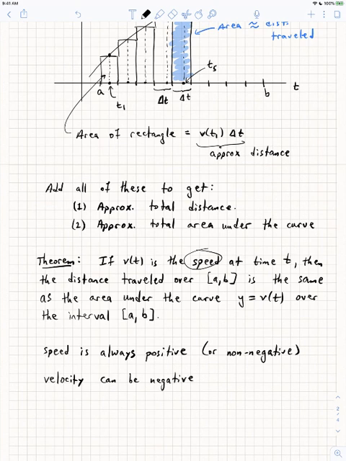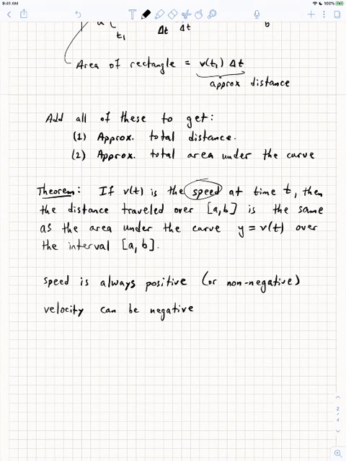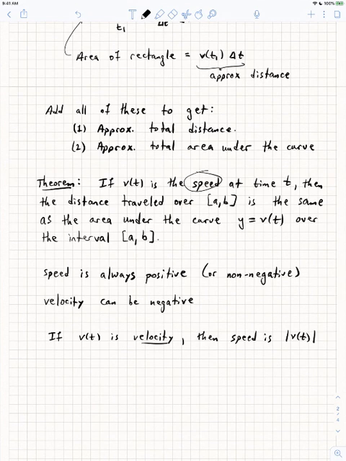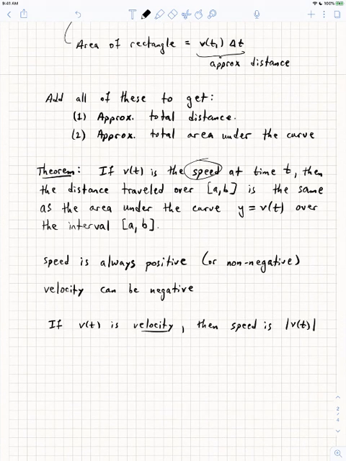Velocity has a size, and it also has a direction. The size of the velocity is the speed, so if v of t is velocity, then speed is the absolute value of the velocity. So you see there is a relationship. The absolute value is always going to be non-negative. If velocity is always positive, then velocity and speed are the same thing. But that needn't be the case.